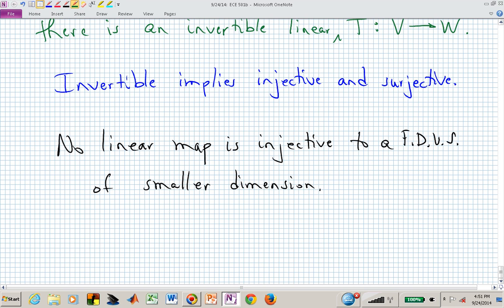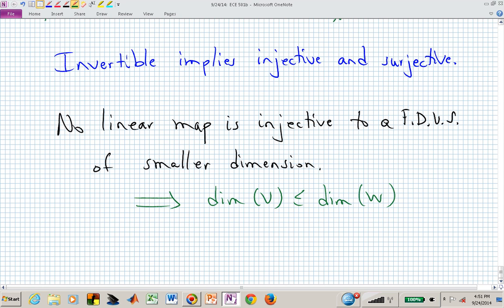Well, we could write that by saying we now know that the dimension of our domain is less than or equal to the dimension of our codomain. The codomain has to be the same size or larger if we have an injective map. And we know if we have an invertible map, we have an injective and surjective map. So now we know one relationship between the dimension of our domain and the dimension of our codomain.